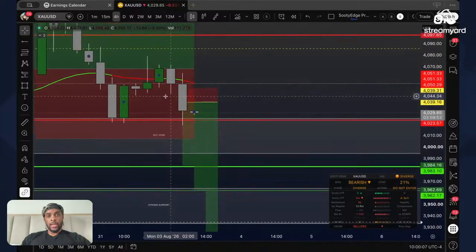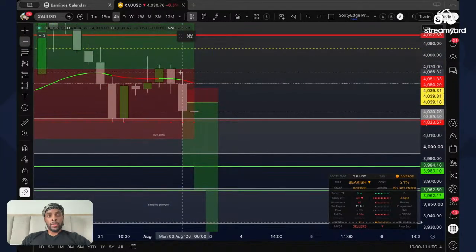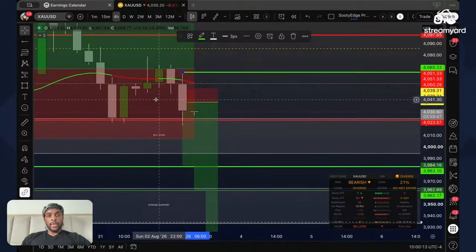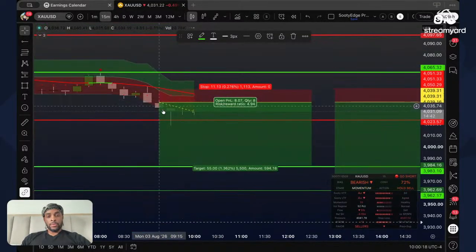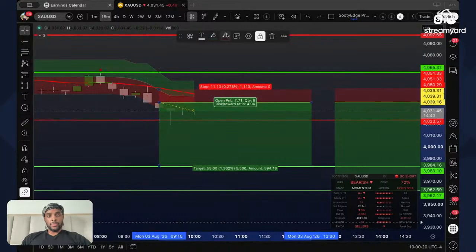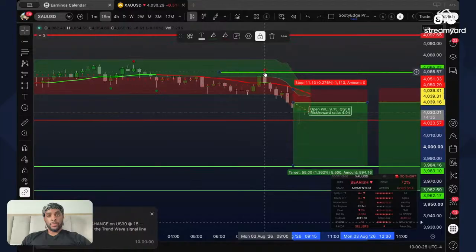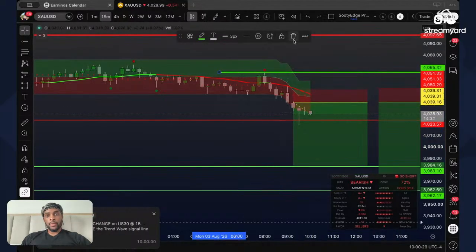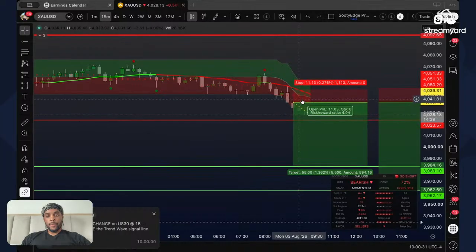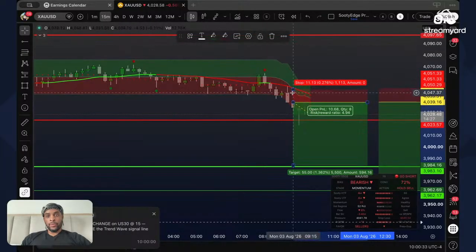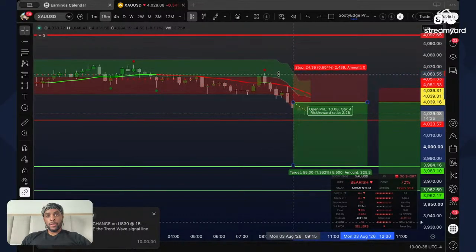Now, me personally, I will be moving my stop level up to right there, right above that candle. That's right there. So I'll just be moving my stop level a little more above this candle.